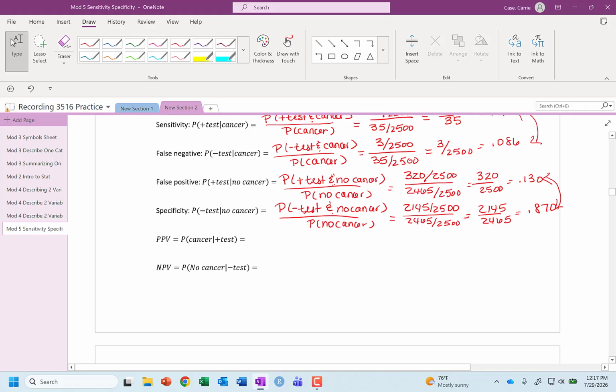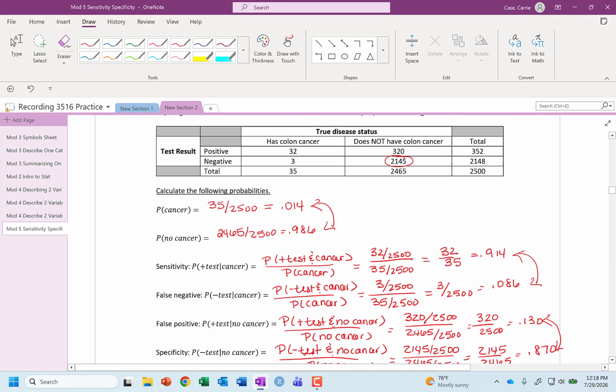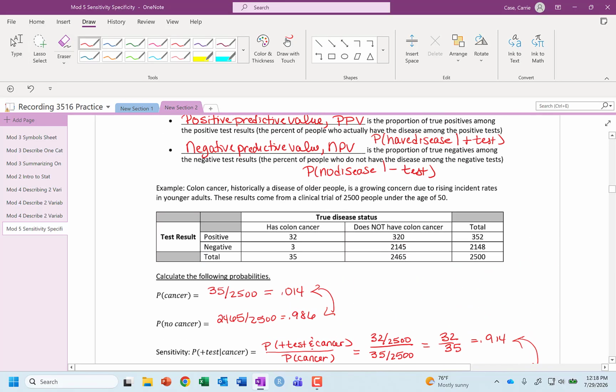Positive predictive value is the chance of having cancer given that you got a positive test result. So you kind of assume that if you got a positive test result, your risk of cancer is very, very high, right? Well, probability of cancer and positive test divided by the probability of a positive test is equal to, well, let's look up cancer and positive test.